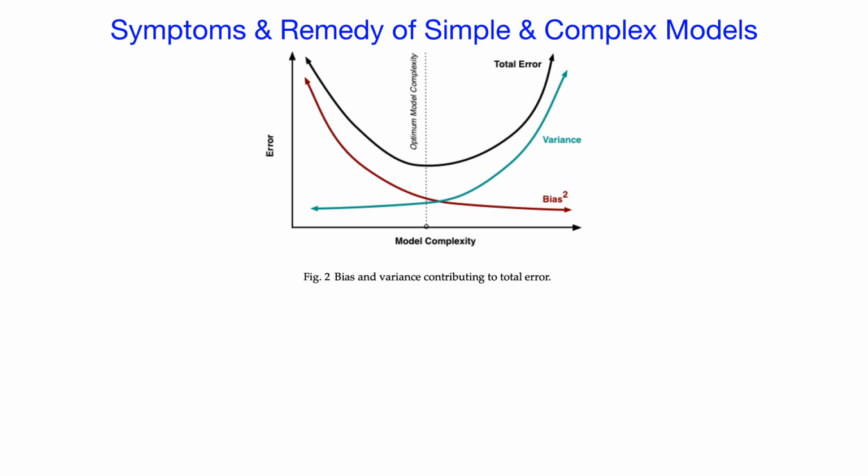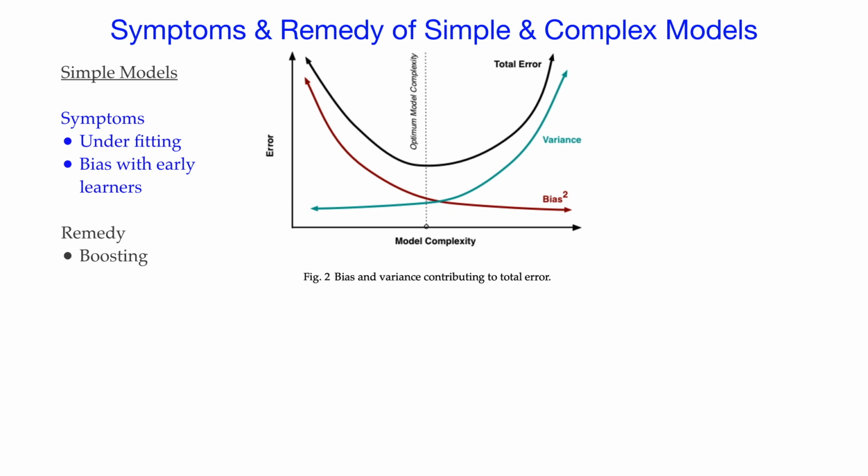Now the question is, if we want to have an optimum model, how should it look like? Looking at this diagram, I can say the optimum model should neither be simple nor be complex so that our total error is at the bottom. When a model is very simple, of course, looking at this diagram, I can say the model will be on the left hand side.